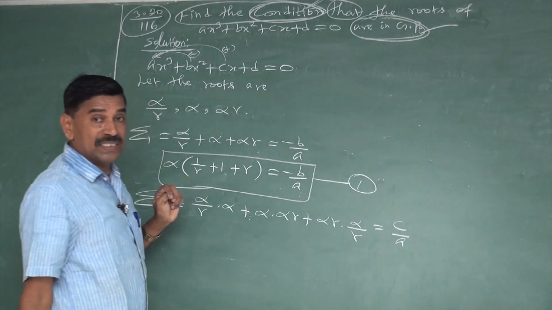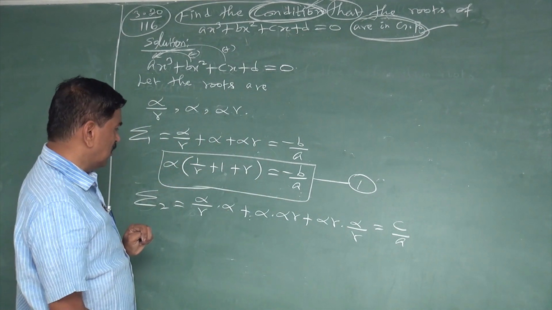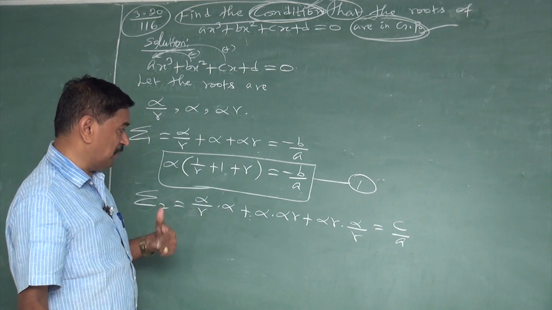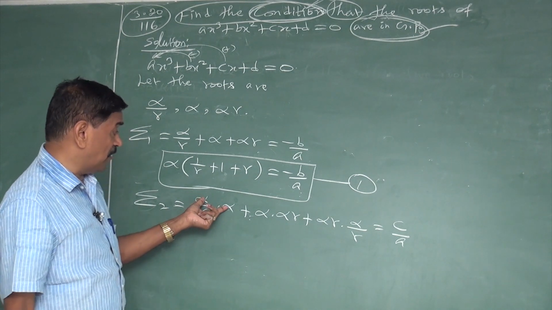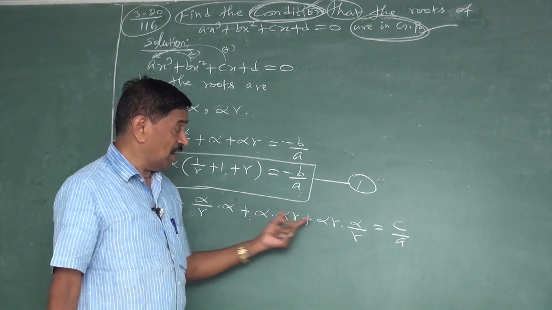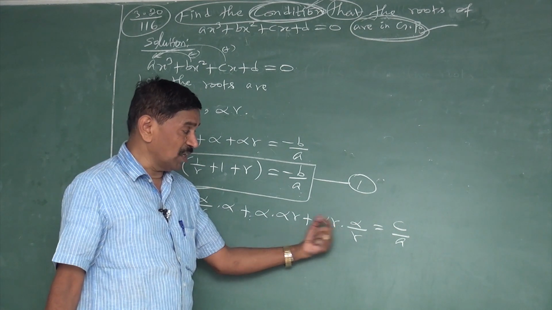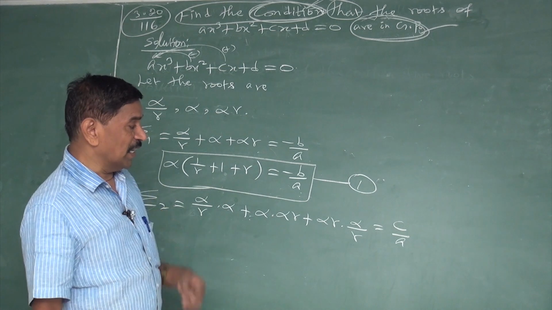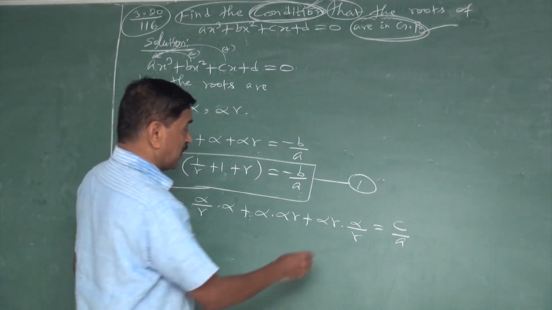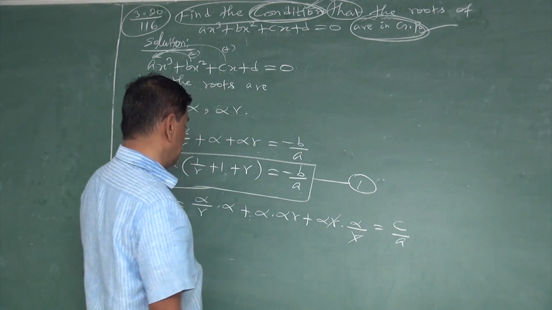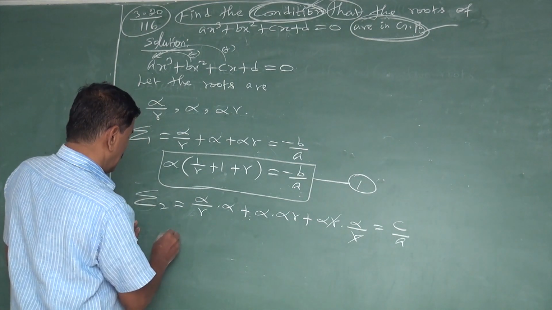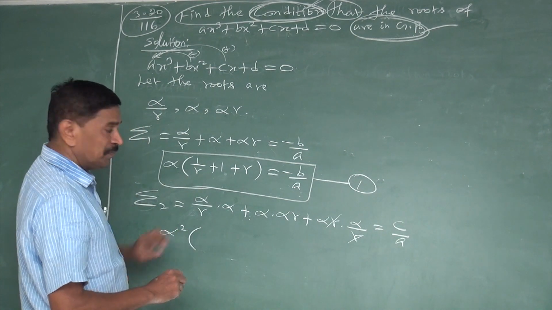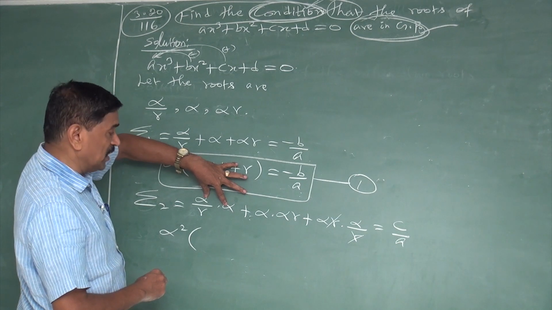Now further simplification. Alpha square is common. Alpha into alpha, alpha square. Very good. R cancels in alpha r into alpha by r. Where alpha square is common, what is remaining?